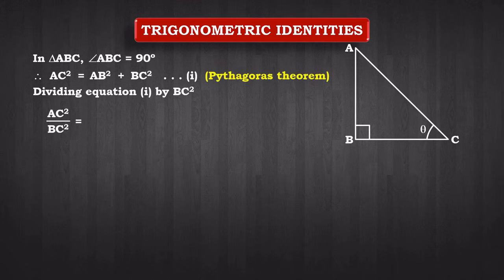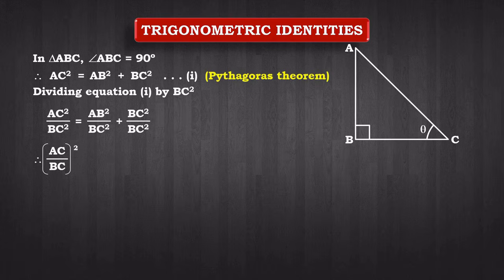This gives AC squared divided by BC squared is equal to AB squared divided by BC squared plus BC squared divided by BC squared. Since BC squared divided by BC squared is equal to 1, we get AC divided by BC, the whole squared, is equal to AB divided by BC, the whole squared, plus 1.